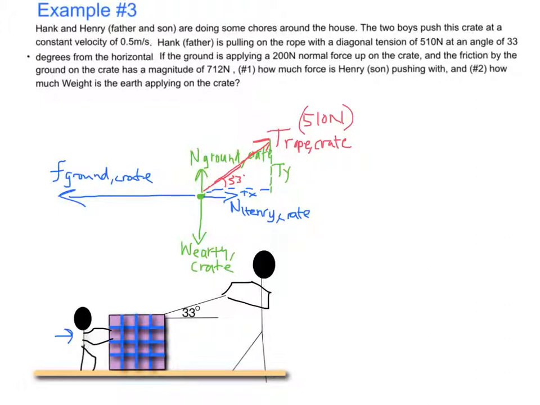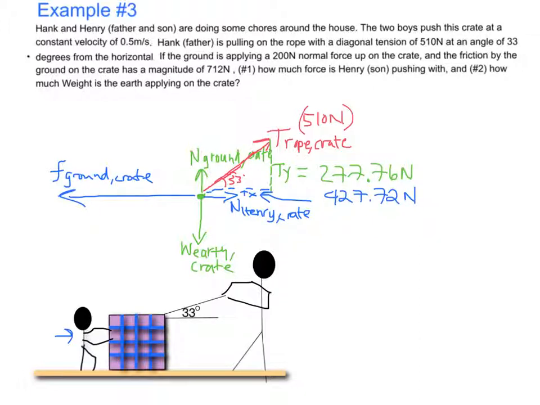We use sine of 33 for the Ty, and that comes out to 277.76. When we solve for Tx, we use cosine of 33 equal to Tx over 510, and we get 427.72. That's Tx.